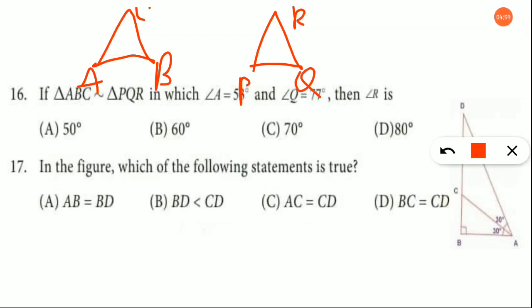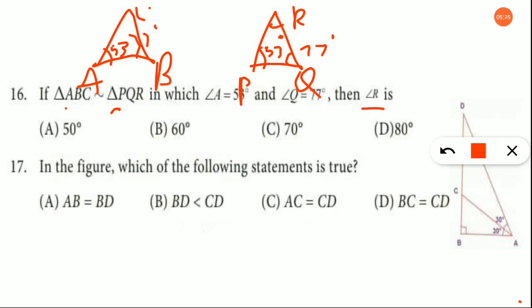In this they are telling you angle A is 53. If angle A is 53, then the corresponding angle is angle P, so this one is also 53. Next one is angle Q is 77. So this angle they are telling you it is 77. If 77 is angle Q, then B will be 77 degrees.